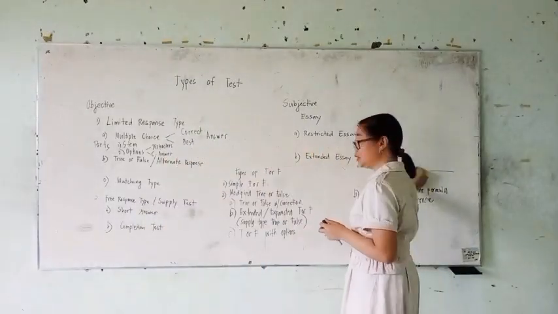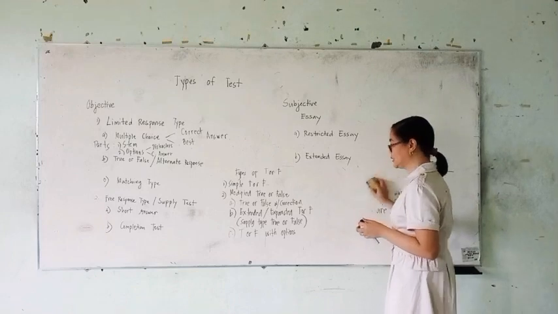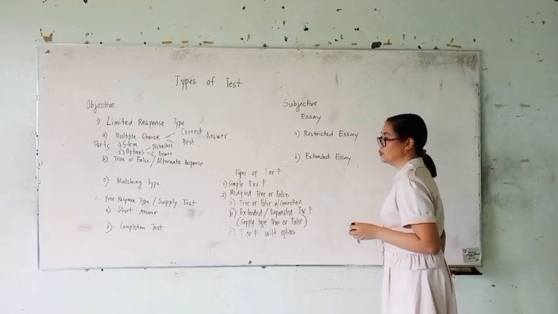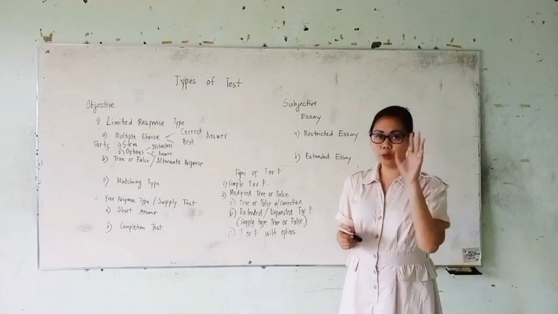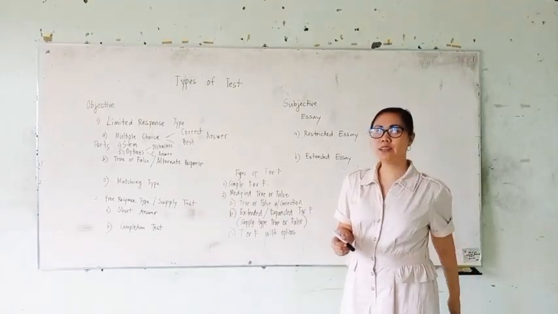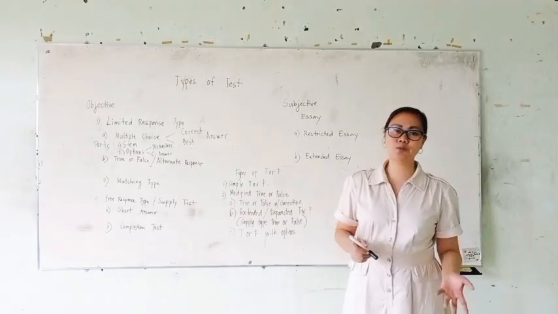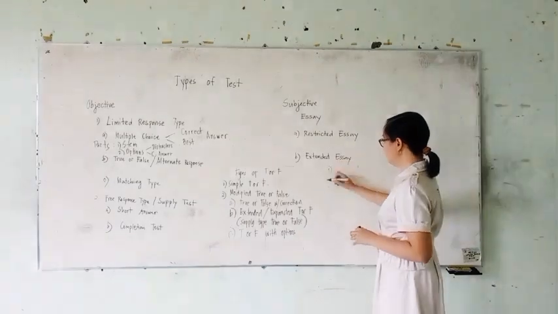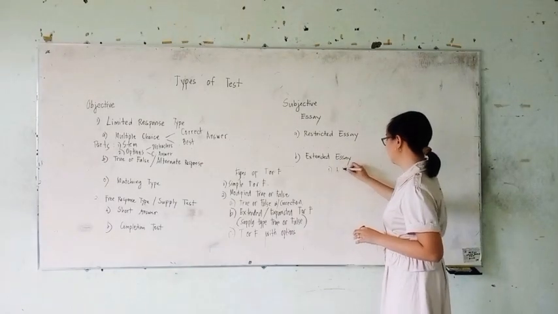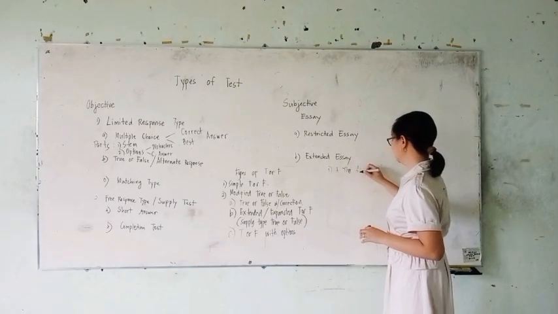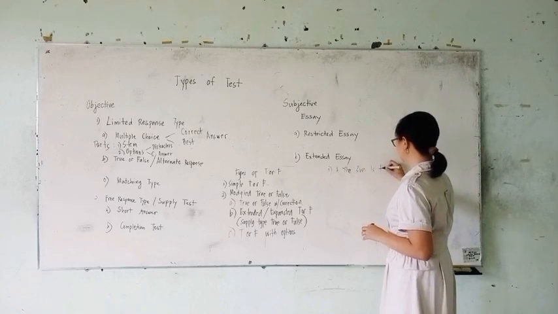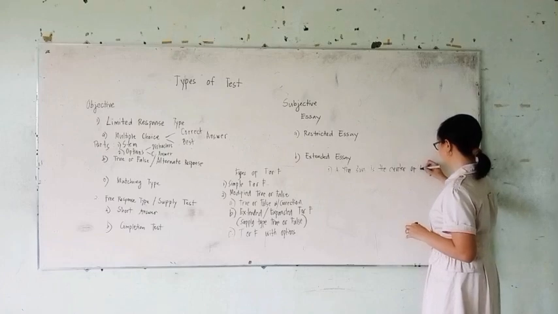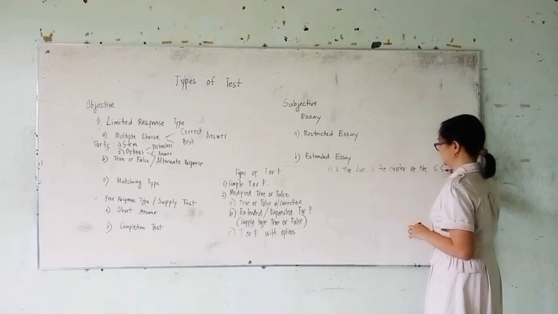In true or false with options, there are two statements. Statement A and statement B. And you are going to determine whether both statement is true, only one statement is true, both statement is false, only one statement is false. So it's like this. For item number 1, A, the sun is the center of the solar system.